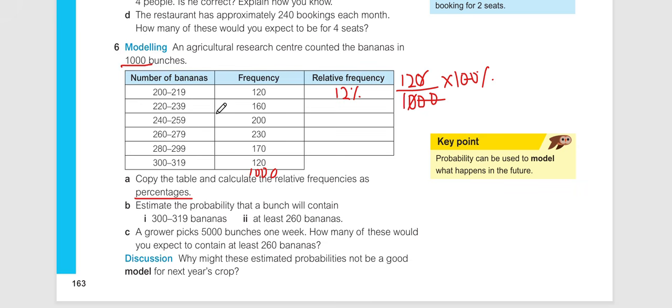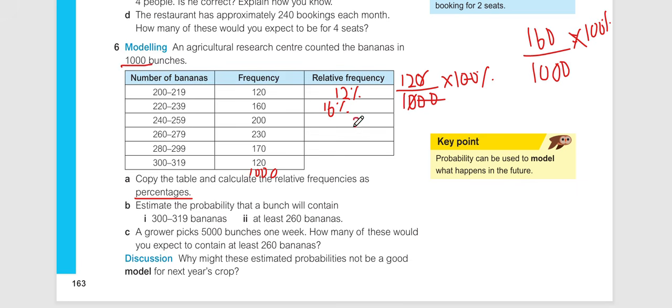So tell me now, for the second group, what is the frequency you got? 16%. So it's going to be 160 divided by 1000, and yes, you can multiply it by 100 to find the percentage, and you're going to get the answer 16%. Similarly, for the third one, it's going to be 200 divided by 1000 multiplied by 100%.